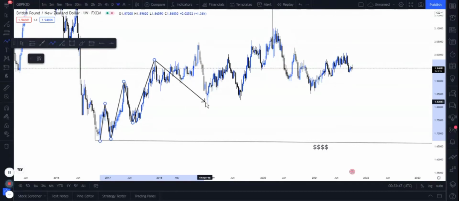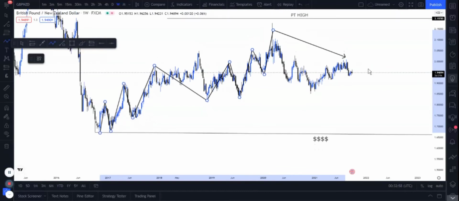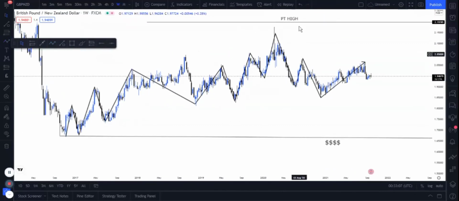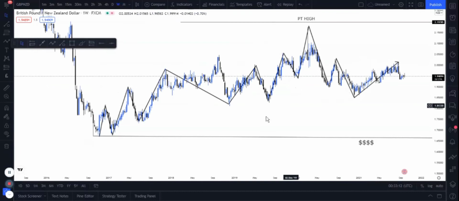I forgot this one here, but it still counts. It doesn't actually matter. So this is where price is currently. Let me just adjust this a little bit. So perfect.